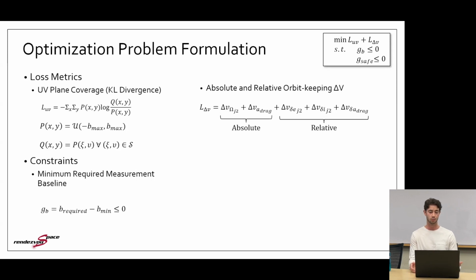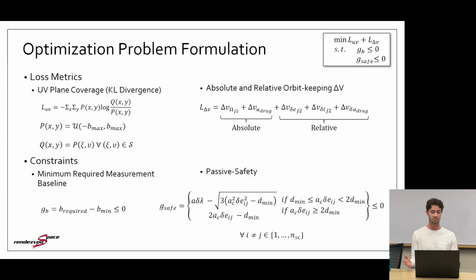As I mentioned, angular resolution is inversely proportional to measurement baseline, so we can consider it a scientific objective to have some minimum baseline. I've also adapted some passive safety constraints from some of the papers from this lab. I won't go into this in detail. This is from Adam Koenig's paper on spacecraft swarms.